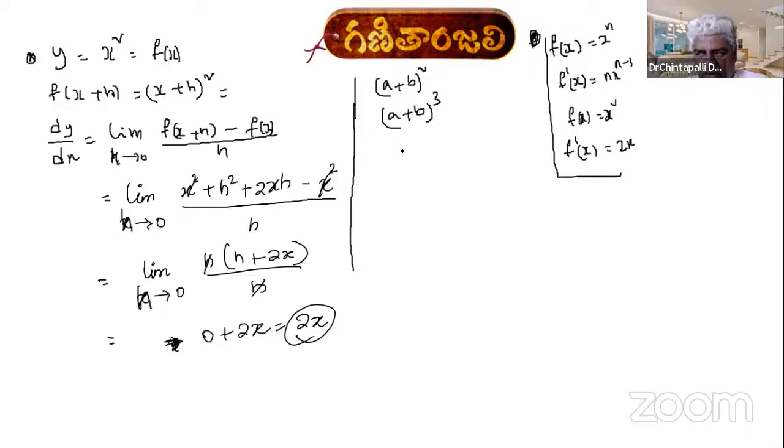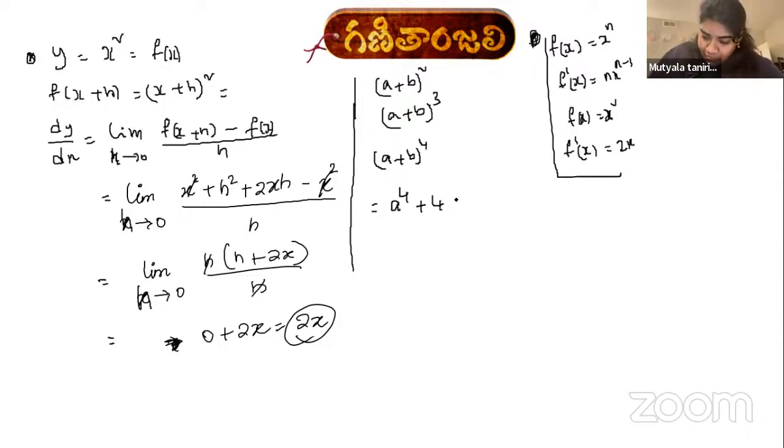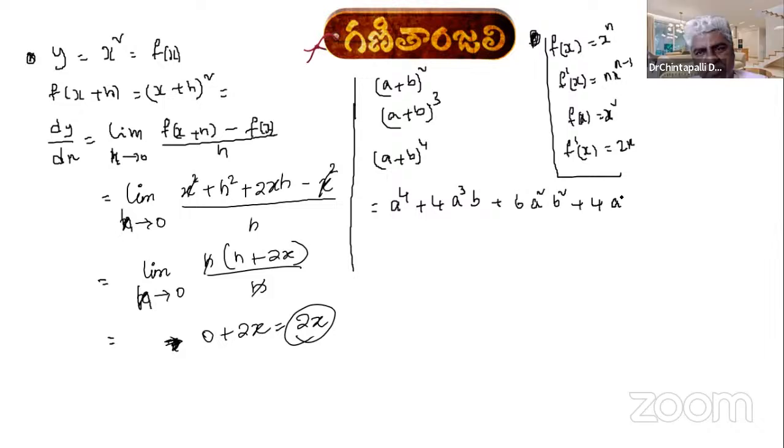I will tell you one formula, about a plus b whole power 4. I will teach you how to find this formula also. That is a plus b whole power 4 has a formula: a to the power of 4 plus 4a cube b plus 6a square b square plus 4ab cube plus b to the power of 4.